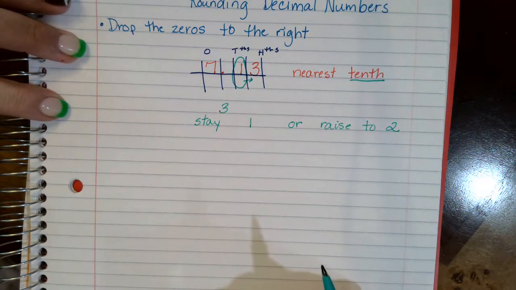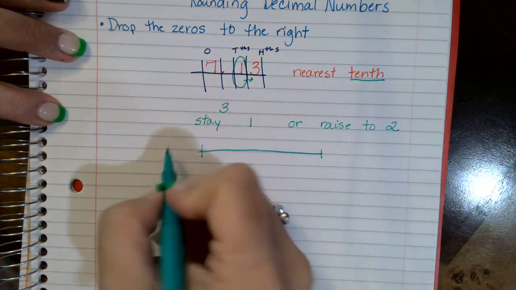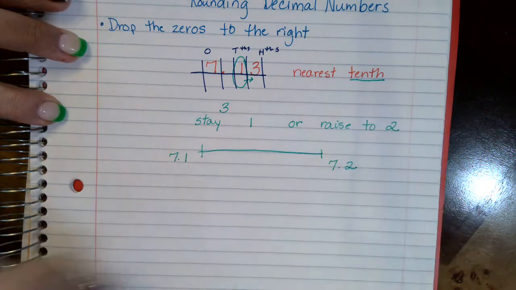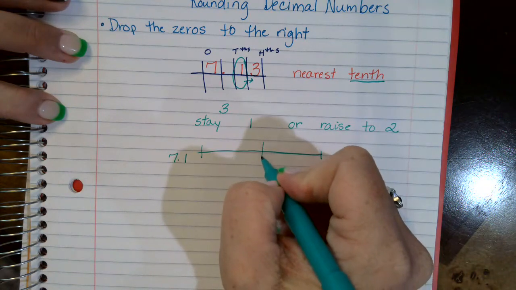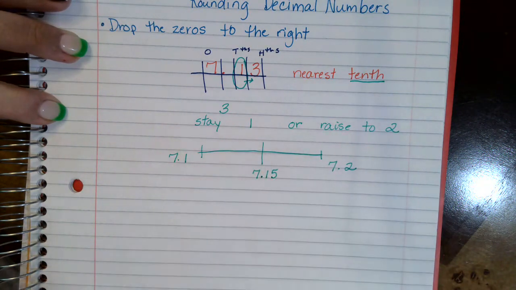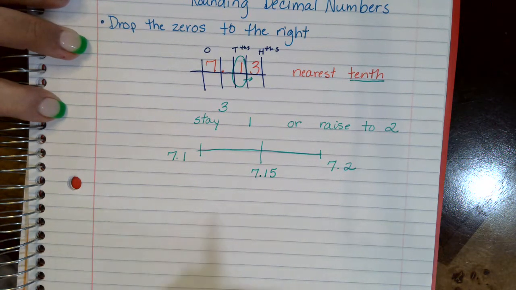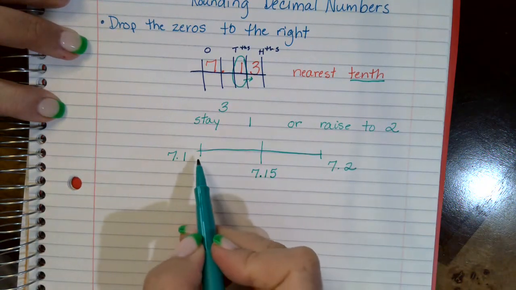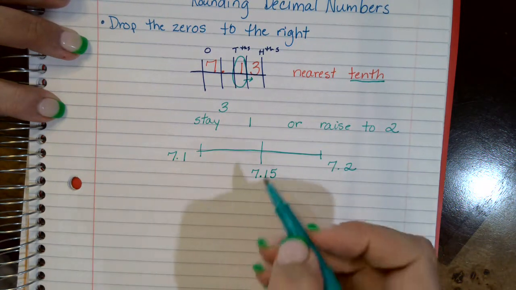Just like with whole numbers, a number line helps us see. We have 7.1 and 7.2. These are the 2 tenths that 7.13 comes between. 7.15 is exactly in the middle. 7.13, if we're counting, we say 1, 2, 3, 4, 5, 6, 7, 8, 9, 10, all the way up, right?